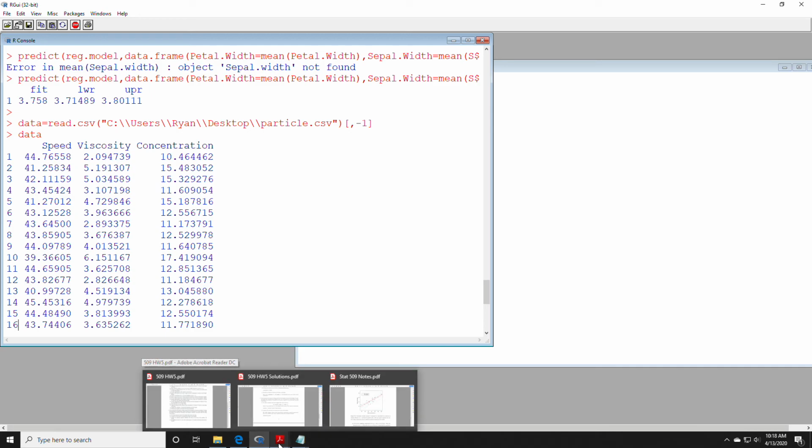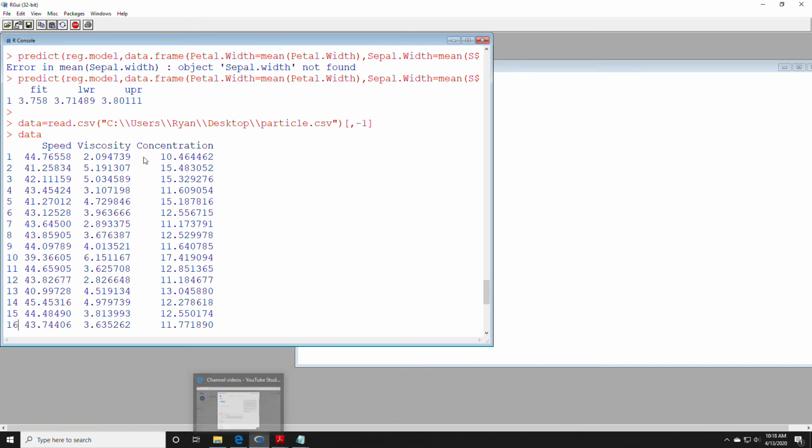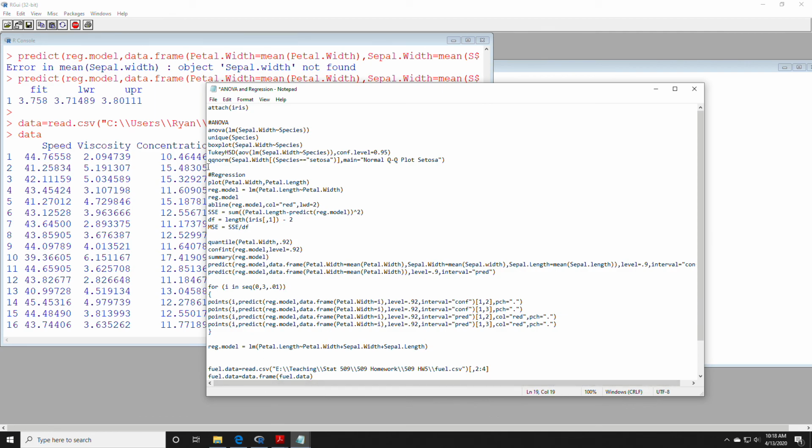Okay, so again, I'm trying to fit my multiple linear regression model relating viscosity and concentration to speed. I need to call it something. You can call it reg.model, you can call it anything you want. Speed, again, capitalization matters.